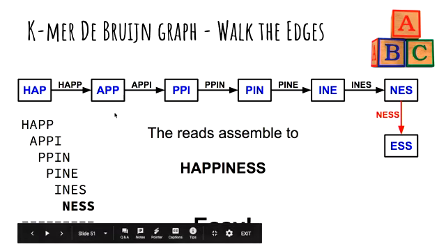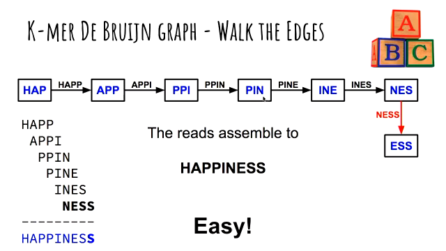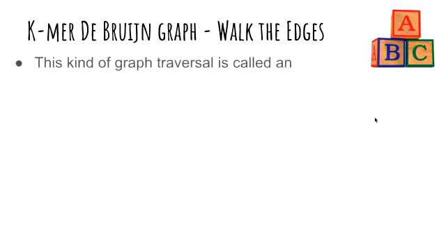We want to visit each edge once. We don't care about how many times we go through a node, we just want to visit each edge once. All right, and so it's called an Eulerian walk. I can never pronounce that word, but Euler. He was a famous mathematician, did some cool stuff, and someone named a walk after him.